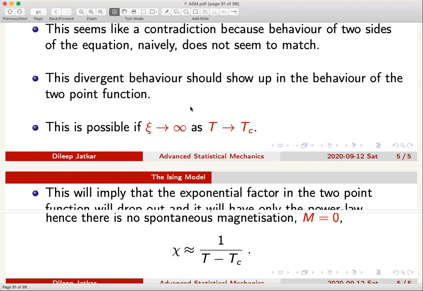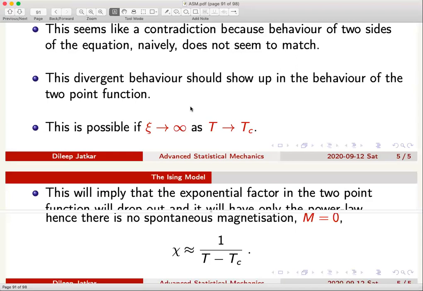Whereas at high temperatures, the system doesn't even care what the nearest neighbor interaction is; every spin points in all possible directions. So we wanted to ask: is there a way this transition could occur from a system which is totally well behaved to a system which is totally anarchical?